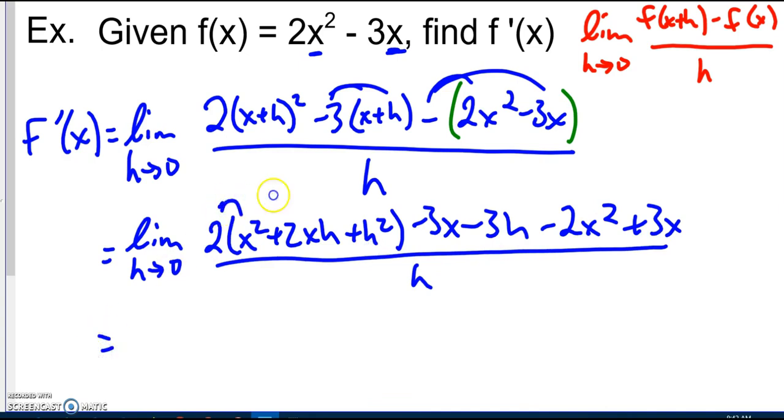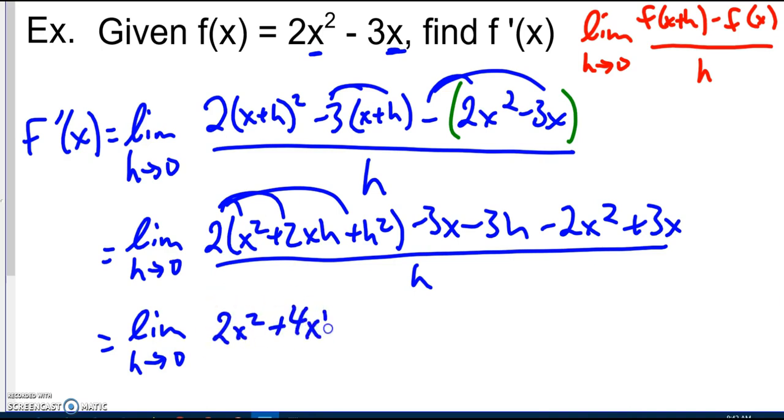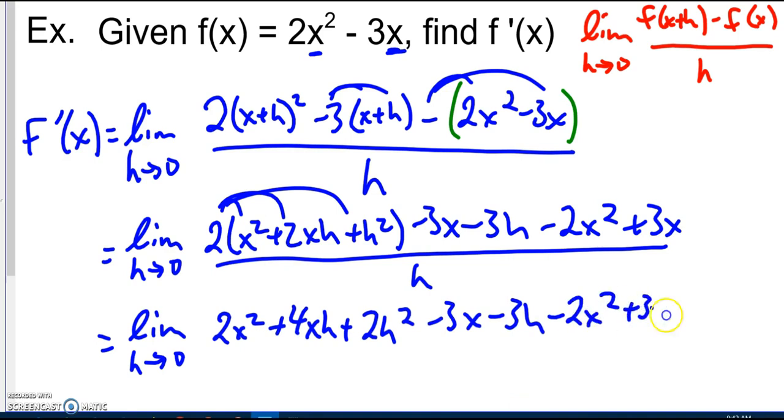And then one more step, and we can see some things at that point in time after we distribute through are going to start canceling. So we'll have 2x squared plus 4xh plus 2h squared, and then all of our other material all over h.